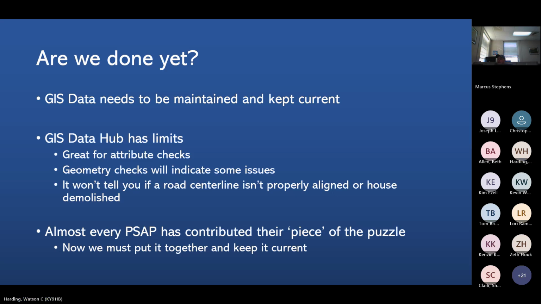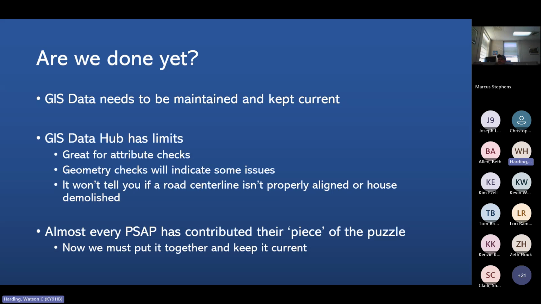And really, the way to think about it is every PSAP contributes their piece of the puzzle, but we sometimes need to smooth out how those line up, making sure that neighboring PSAPs do their best to agree upon boundaries, to have their boundaries be coincidental and within the tolerances allowed by the geospatial routing.